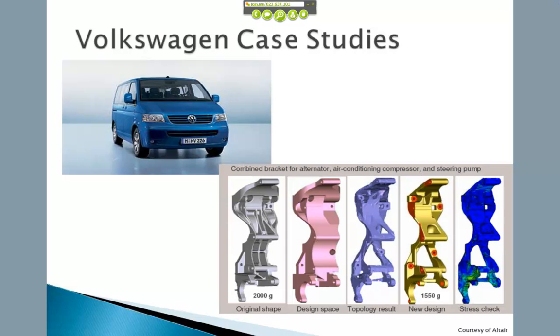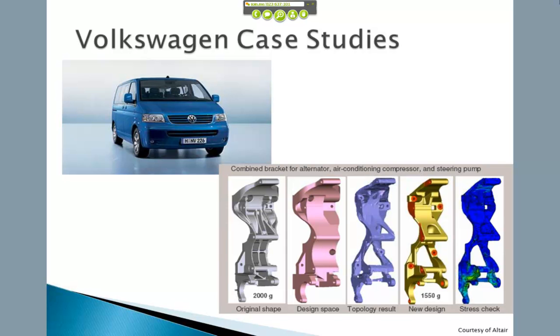But this is a Volkswagen case study. On the left, they started with the best design that they had to that point in their product line. This is a bracket for an alternator air conditioner combination. That's the optimal original shape that they had been using for years and years. The thing weighed about 2,000 grams.